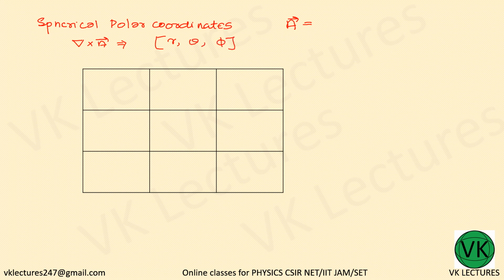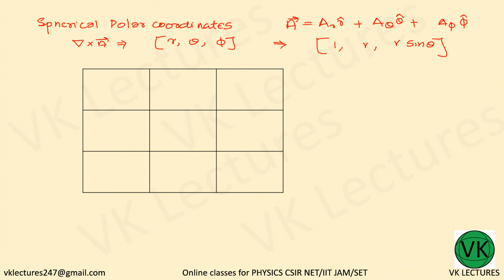So A equals A r into r cap plus A theta into theta cap plus A phi into phi cap. Now what are the metric elements corresponding to r, theta and phi? Metric elements are 1, r, r sin theta.